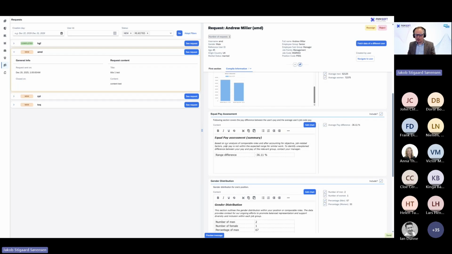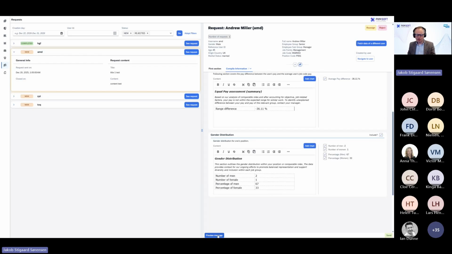In this case, the pay is not within the expected range, but you might also have scenarios where it's in the expected range, and then the system would automatically cater for that. We've deliberately chosen not to make this fully automated, just sending out this data without being monitored, but it allows you to run the request handling effectively, in a structured and fair way across the organization.